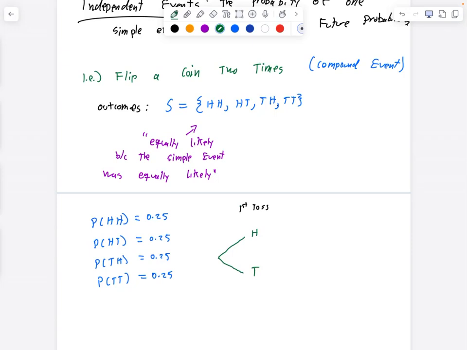Now, please note this notation I'm going to use. So we know that this was 0.5, 0.5, and the probabilities up here are still 0.5 for that next simple event.